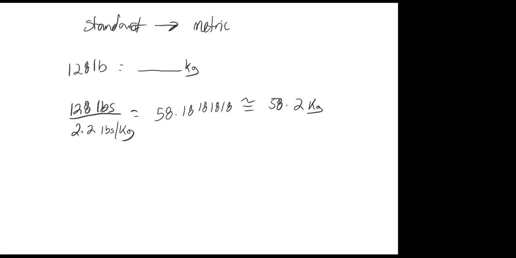So in case the problem doesn't say anything, we round to the nearest 10th, right? When you're going from pounds to kilograms, yes, and when you have a number greater than 1. And when you have a number lower than 1, it's two numbers after the dot, the nearest 100th? You got it, yes.